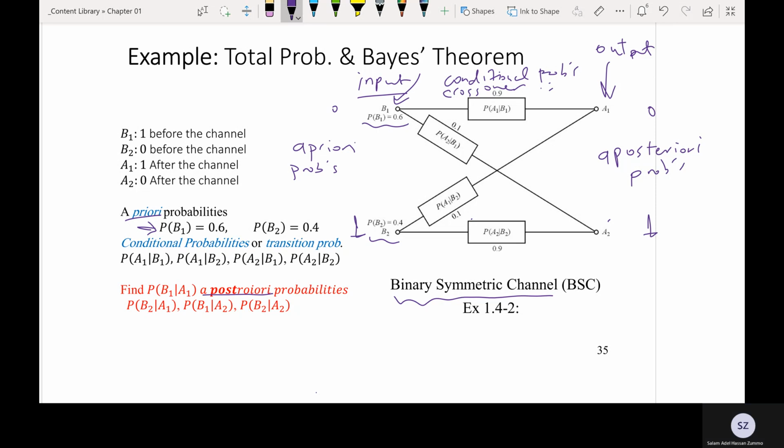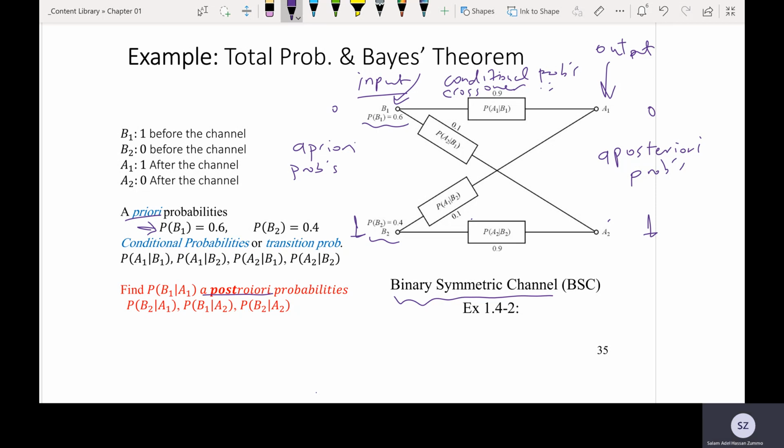Given what I have seen, I am now the receiver and I don't know what was sent. As a receiver, I only see what I receive. So I receive a 0. As a receiver, I am interested in finding, given that I received 0, what is the probability that what was really sent was 0? Don't rush.